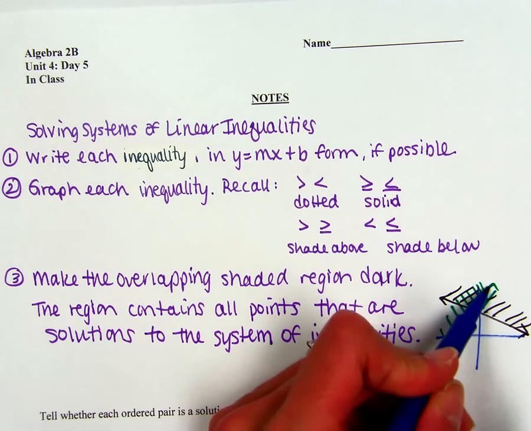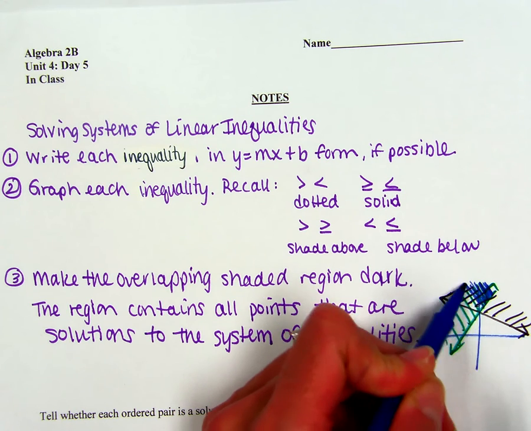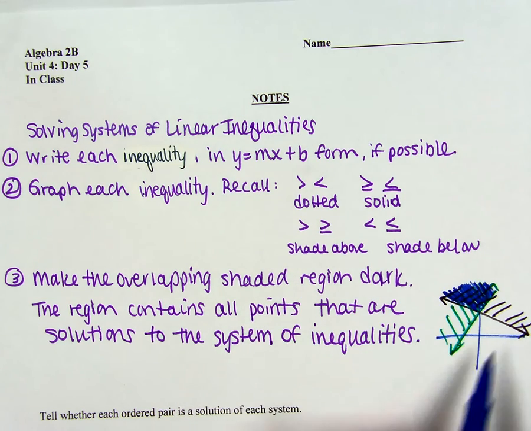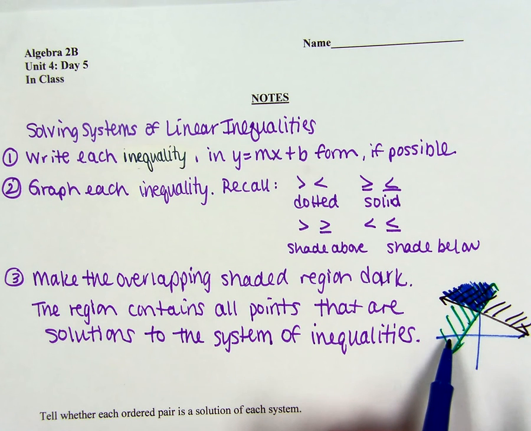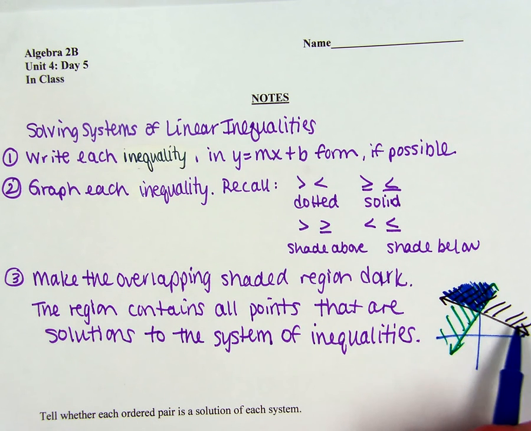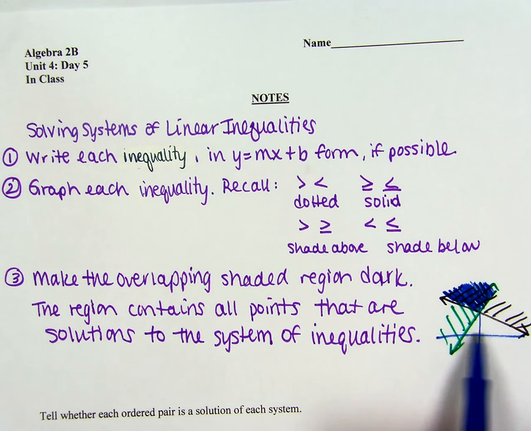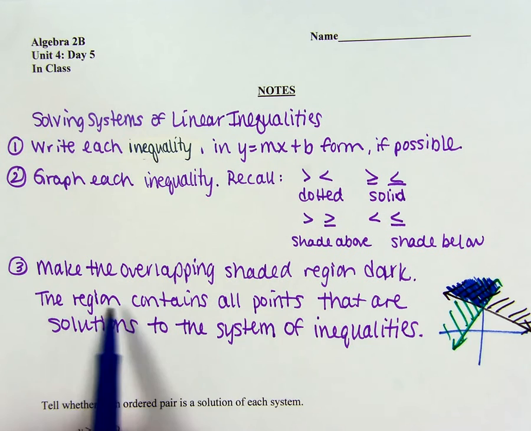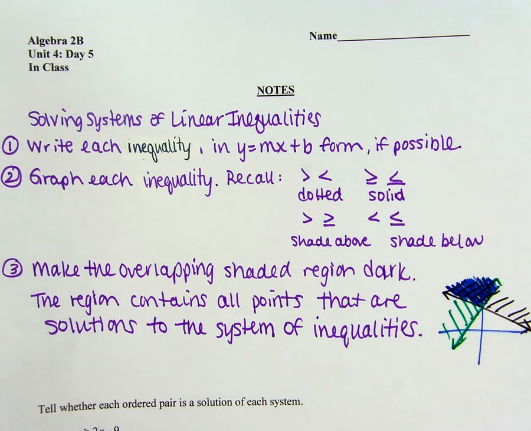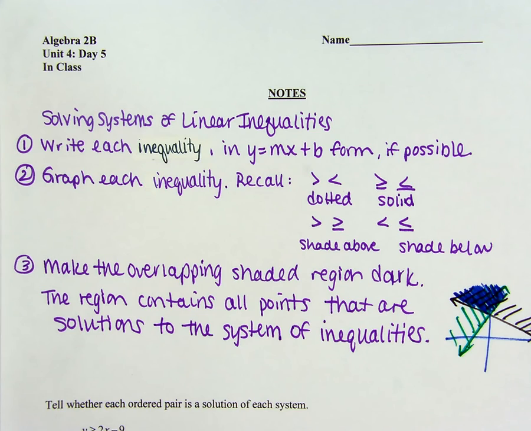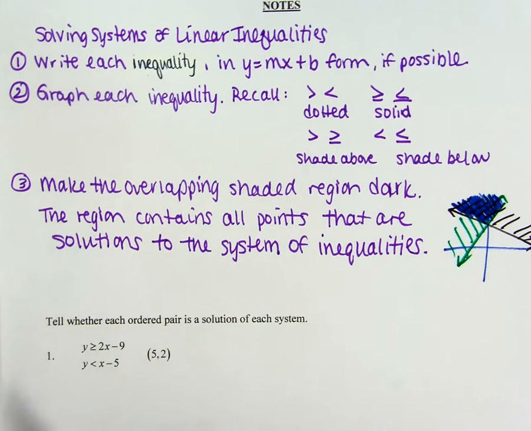We're going to make this section really dark because we want to know what is the actual solution to the system of inequalities. Points in this region satisfy the green inequality. Points in this region satisfy the black inequality. Well, here is the point, or all the points that satisfy both inequalities. So this region contains all the points that are solutions to the system of inequalities, and there's an infinite number of solutions within that.